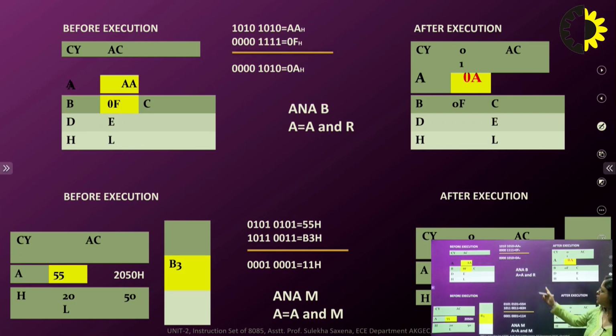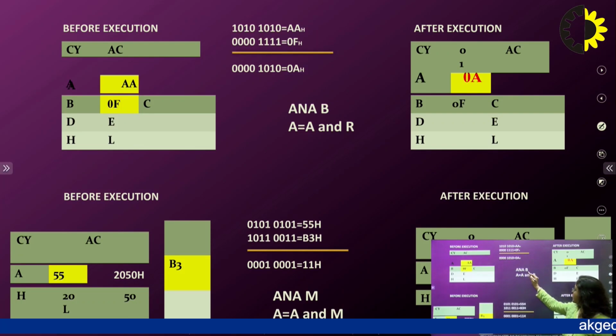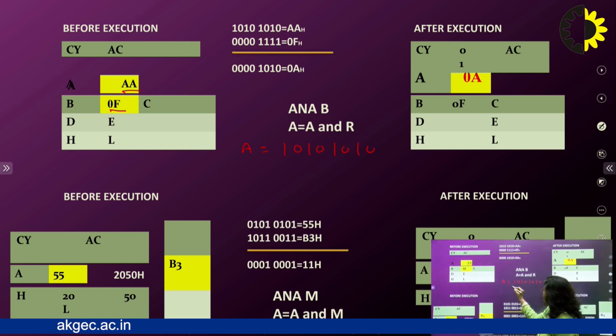So let us use ANA B. The accumulator will contain AA and the B register will contain 0F. A means 10, so the accumulator becomes 1010 1010, and F means 0F is 0000 1111.